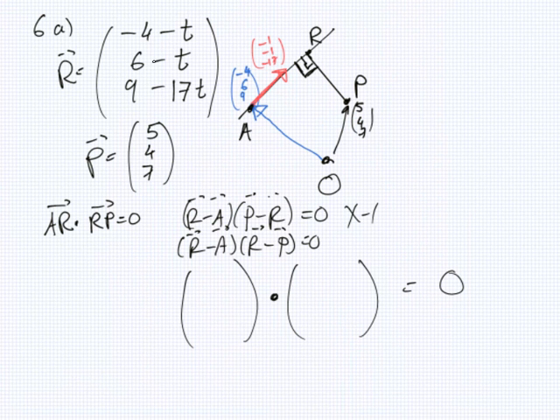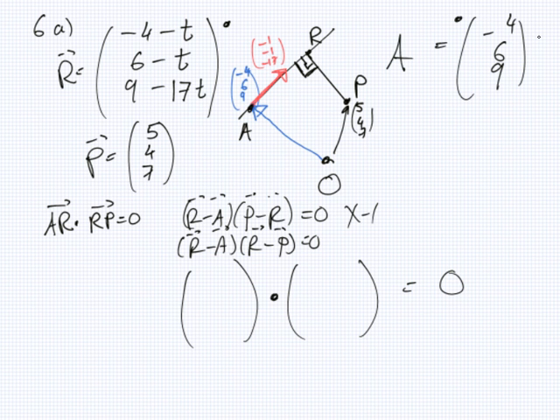Oh, sorry, what the heck is A? Oh, there's A there. R minus A. I'll just write A here so I can see it clearly: minus 4, 6, and 9. There's R, there's A. Let's subtract them.